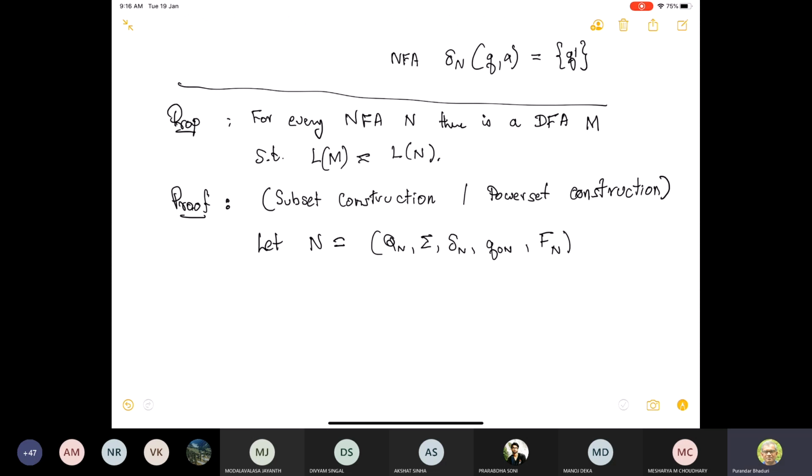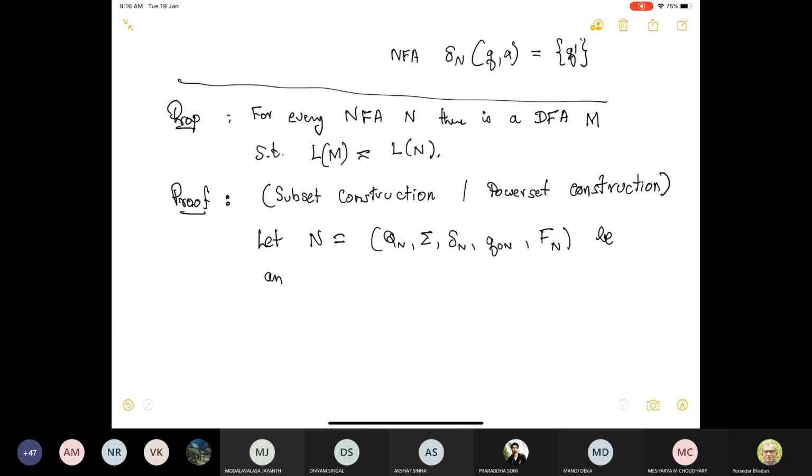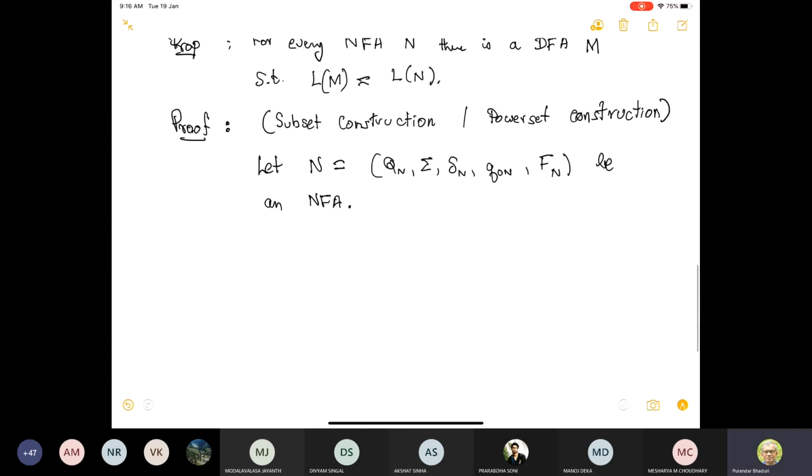So this is the NFA. And we are going to construct a DFA from this NFA such that the DFA accepts the same language, okay?